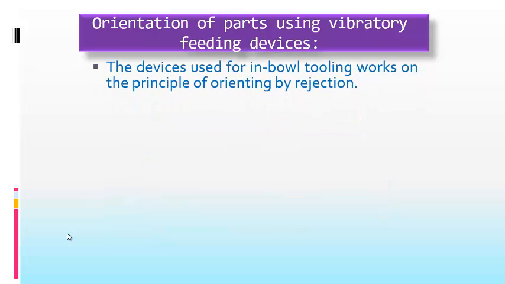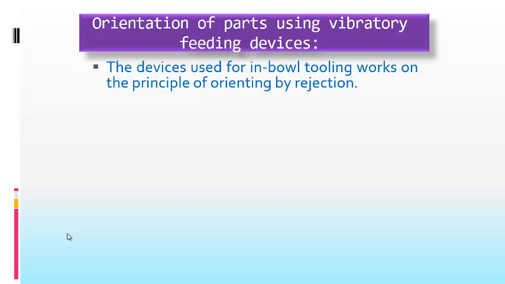The devices used for in-bowl tooling work on the principle of orienting by rejection. In other words, only the natural resting aspect with the required orientation is kept, and the other orientations are rejected. If it is 50% efficiency, that means it will reject 50% of the parts which come in the wrong orientation.